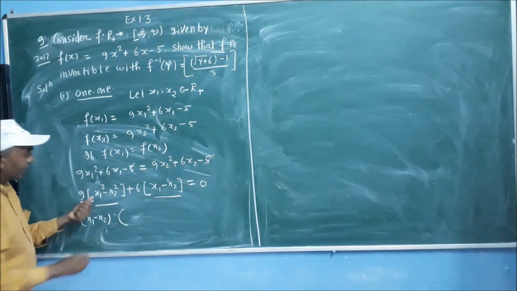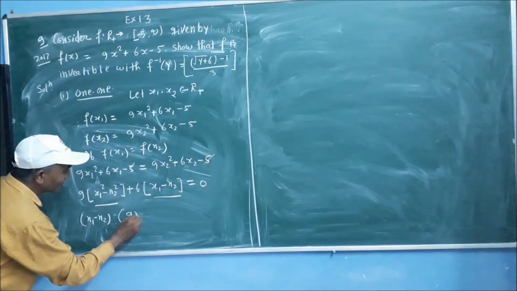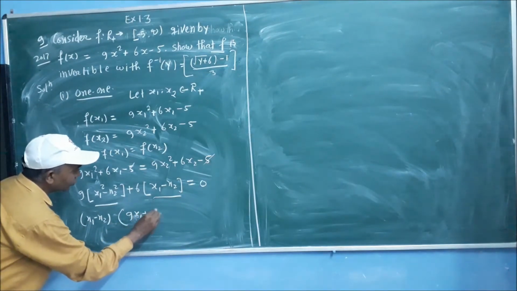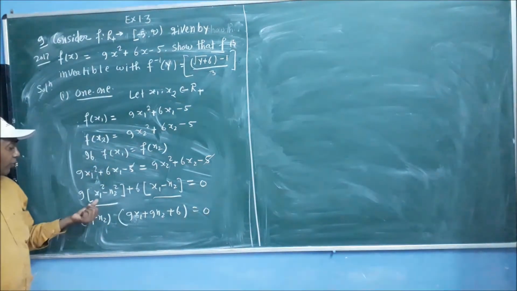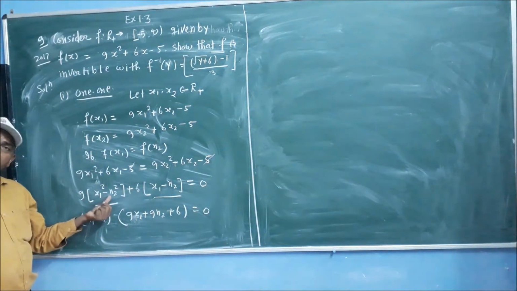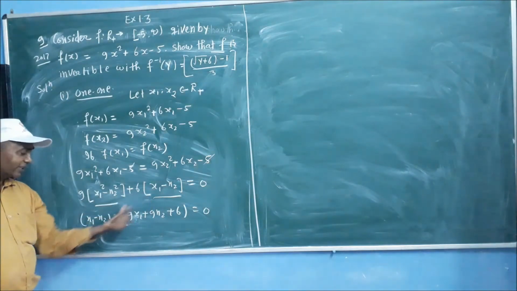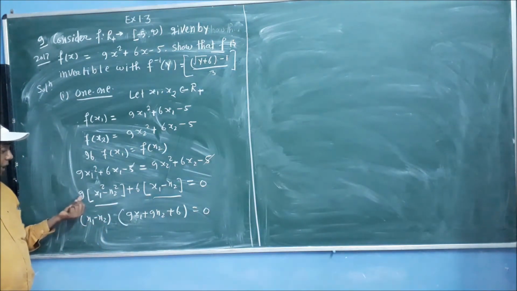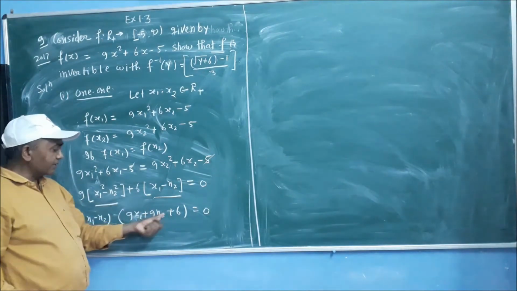This can be written as x1 minus x2 into x1 plus x2, so x1 minus x2 is common. So you can write 9 into x1 plus x2, so your 9x1 plus 9x2 plus 6.